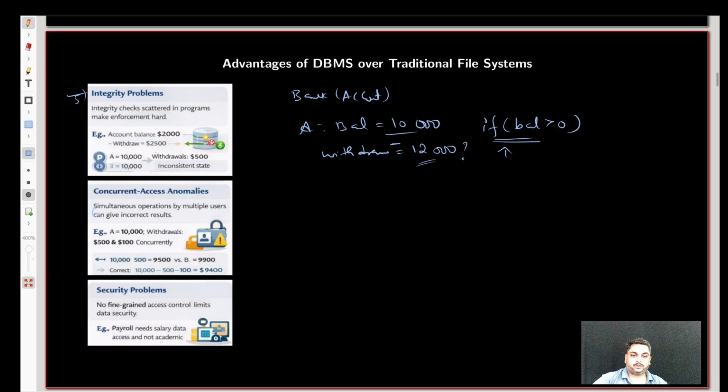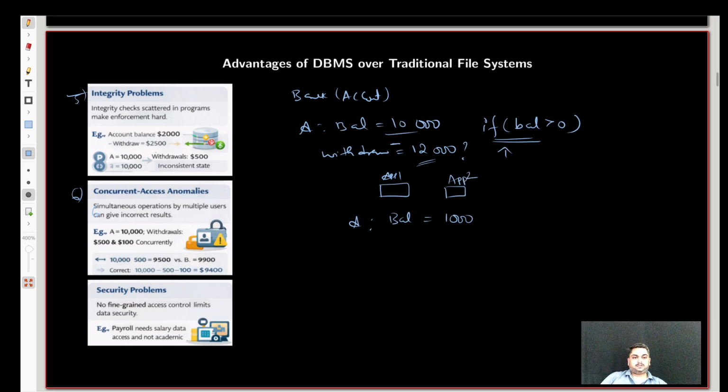Then there are concurrent anomalies. Let us take the same example. A has a balance of 1000 rupees. Now he is using two different apps for money transfer, app 1 and app 2.